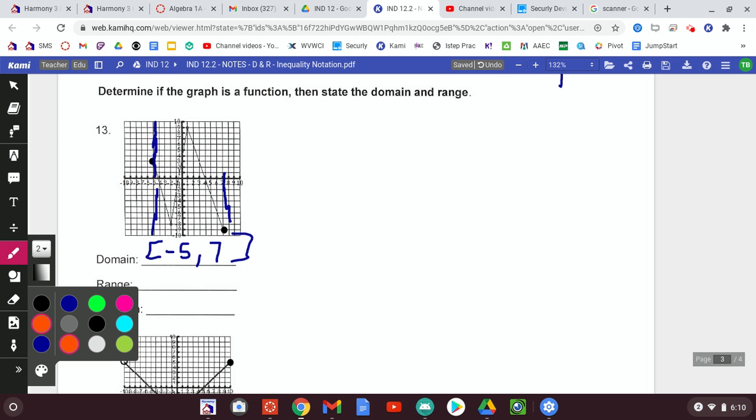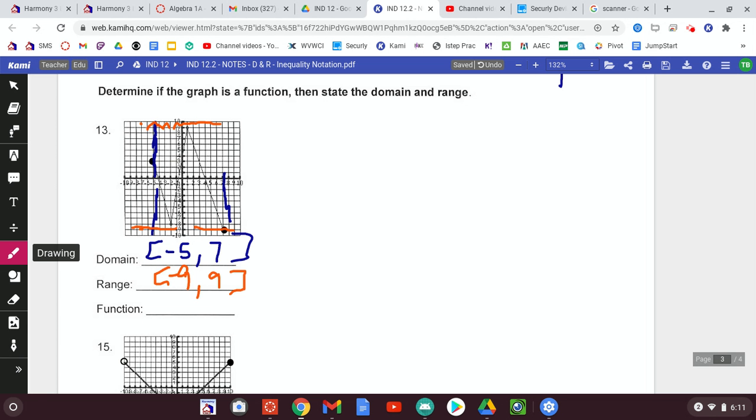Then when you go down to your range, you're looking at your floor, which is right here at -9, and it is a closed bubble, so it's a hard bracket. And then my ceiling goes all the way up to +9. It touches +9, and it's a closed point, so it is a hard bracket. Is this a function? Does it pass the vertical line test? Yes, it does pass the vertical line test, so it is a function.